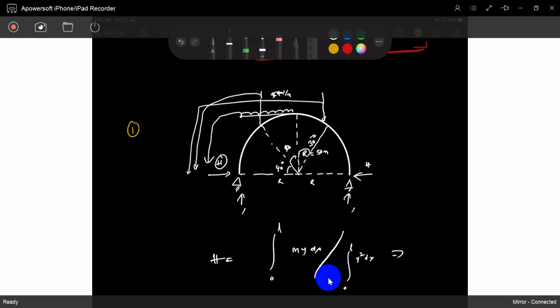You can solve it with respect to these loads, but it is too difficult to write down the moment equation and later integrate it, because this type of random loading makes the total section different, not symmetrical. You have to write 0 to pi, and so many calculations are required. That's why we calculate it for every individual load.